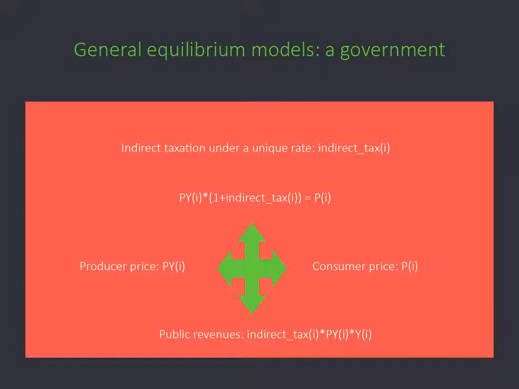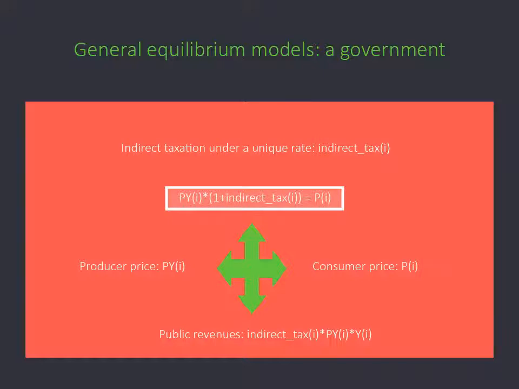But here, in order for this model to be consistent, we have the relationship between production price and consumption price, which is defined by the relation PY in sector I multiplied by 1 plus indirect_tax in sector I is equal to the consumption price.